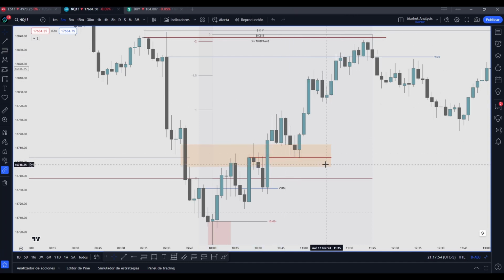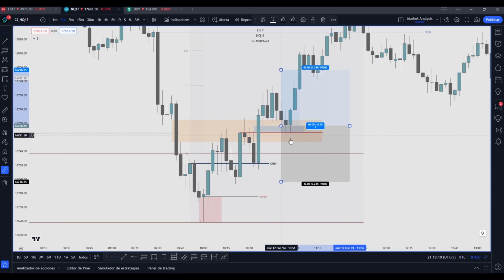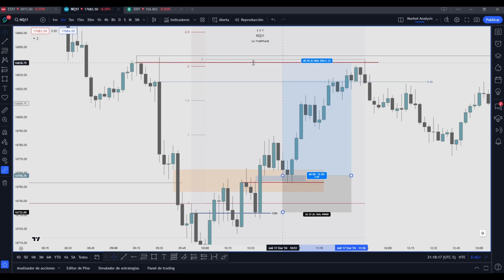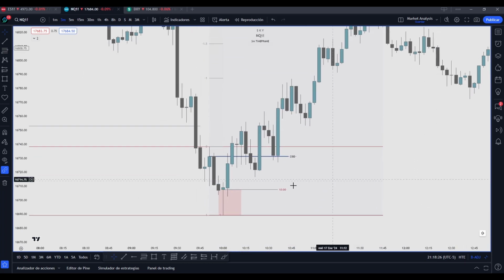And inside that fair value gap, you could just wait for price to come to your buy limit and take the trade. If you don't enter the trade, you are good. You continue with your day, close charts, or wait for another opportunity.